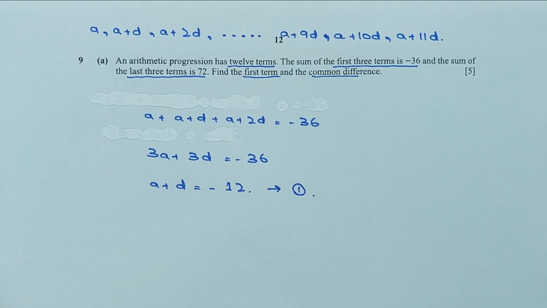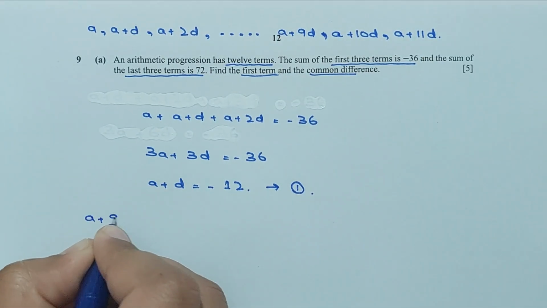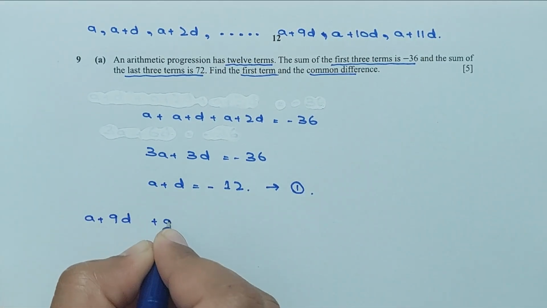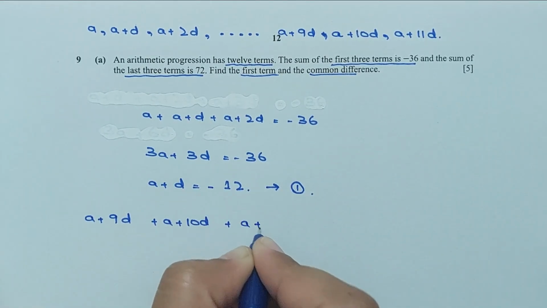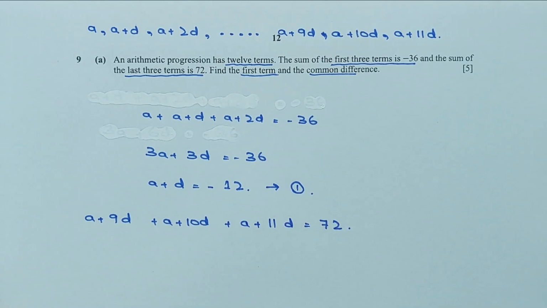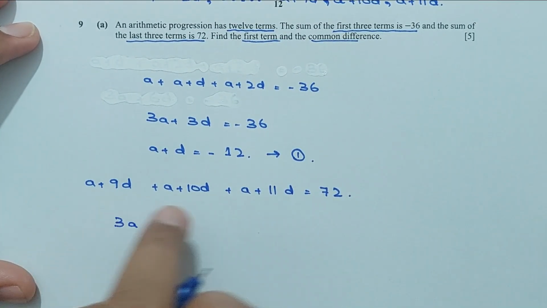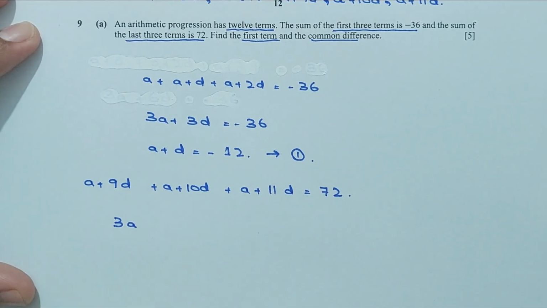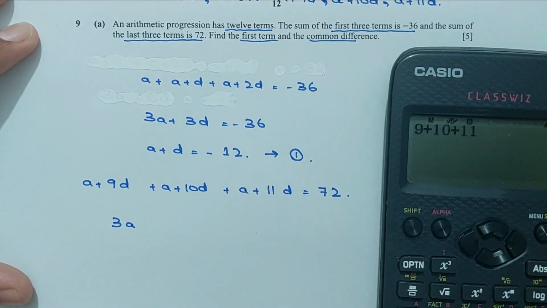Now let me find the sum of the last 3 terms, which is a plus 9d, a plus 10d, and a plus 11d. This is 72. So again, this is 3a, and 9 plus 10 plus 11 is 30.